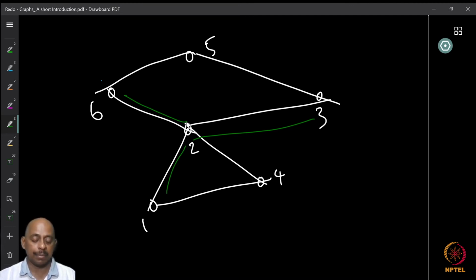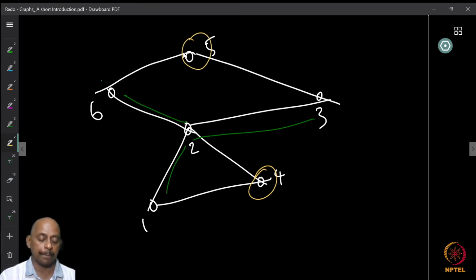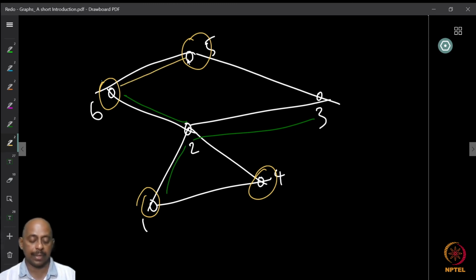Similarly, I can see other subgraphs. For example, I may choose 4, then 5, then 6, then 1, and then I choose the edge {5,6} only. So in this case we have 1, 4, 5, 6 as the vertices, a subset, and the edge {5,6} is a subset. Therefore, it's a subgraph of the graph.